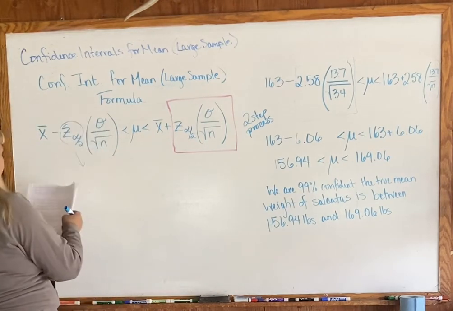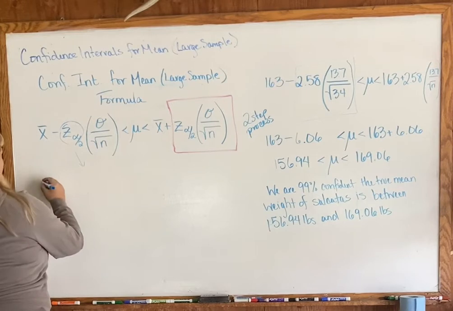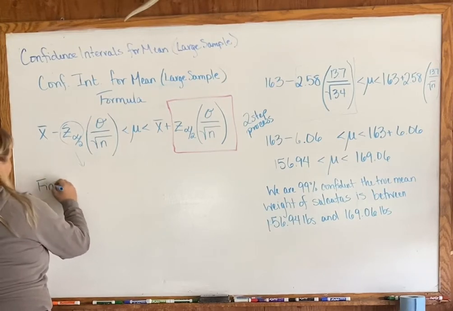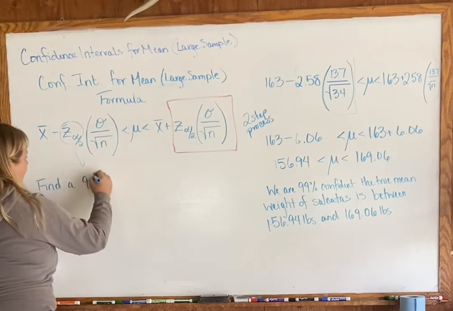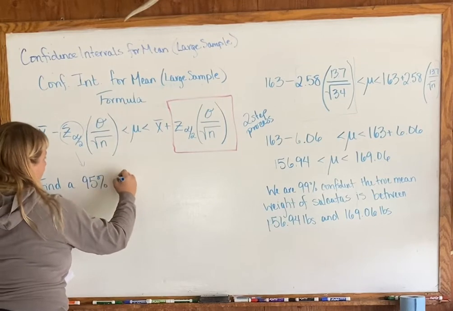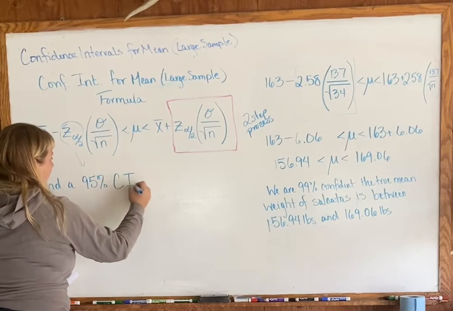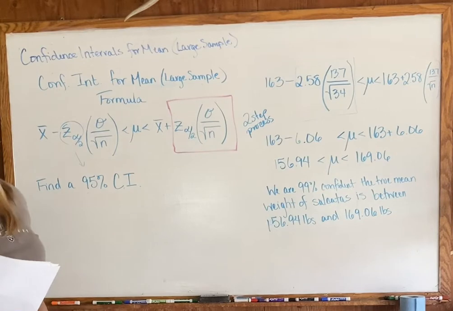Okay, so this one, it says, find a 95% confidence interval. And I hope it's okay if we abbreviate confidence interval as a CI. You will notice that that's kind of the norm if you look in the book or even in the calculator, they use CI.